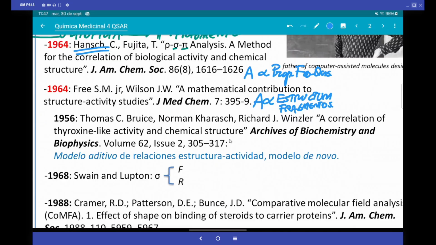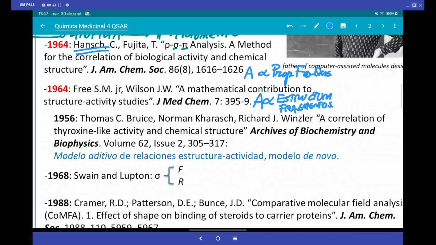So there are things that are never going to be known, and sometimes that happens. Scientifically, a correlation of thyromimetic activity, that is, activity similar to thyroid hormones, and the chemical structure, he was already publishing a model similar to what Free and Wilson posited, an additive model of structure-activity relationships.